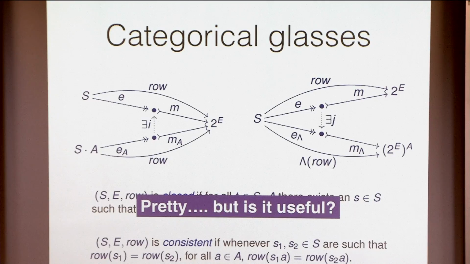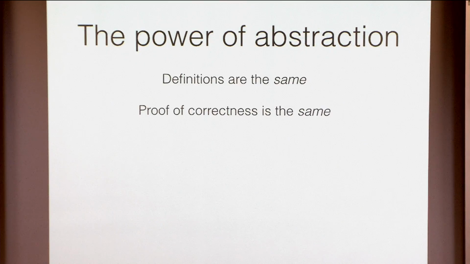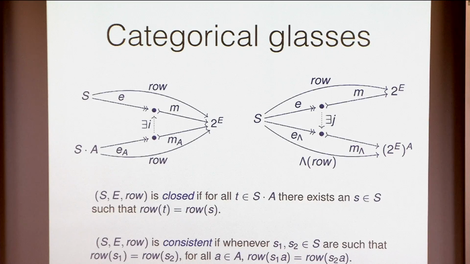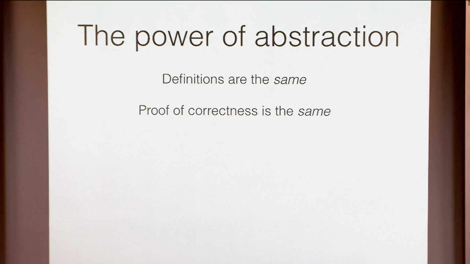And why is this useful? The moment you come to terms with the fact that this works, you can take S to be an orbit finite set. You can transport these diagrams to nominal sets and things just work. So the definitions are really the same.